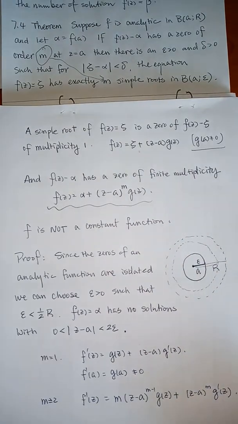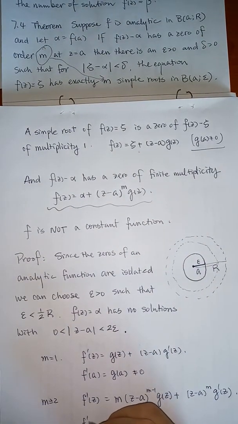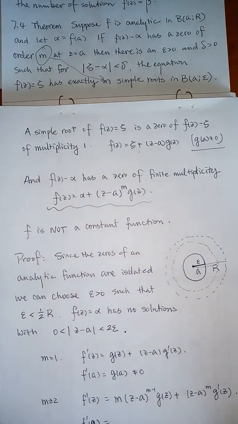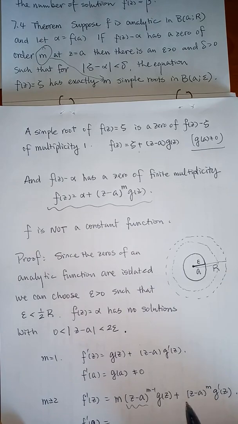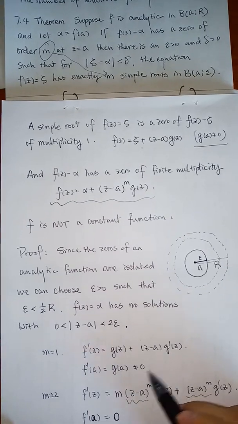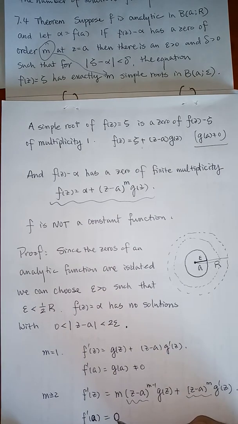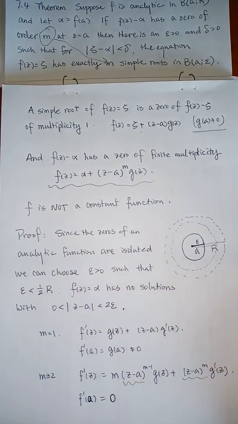So f prime of a: you have z minus a in every term, so f prime of a is equal to 0. For multiplicity 1, f prime of a is not 0. For multiplicity greater than or equal to 2, f prime of a is equal to 0.